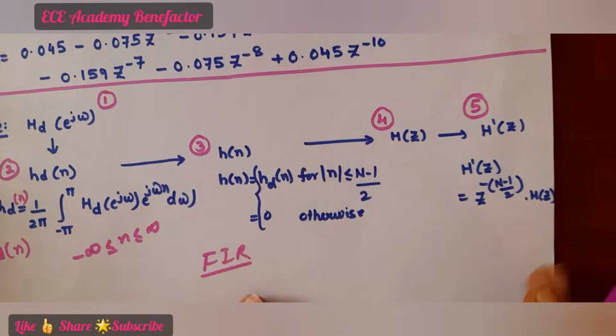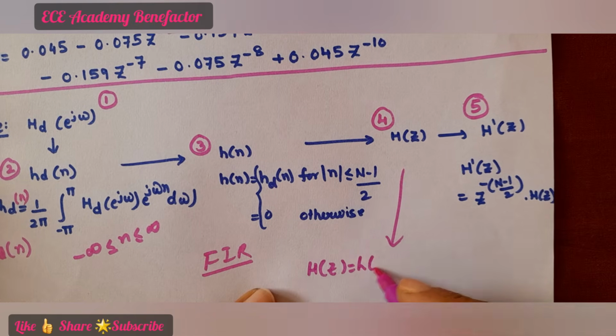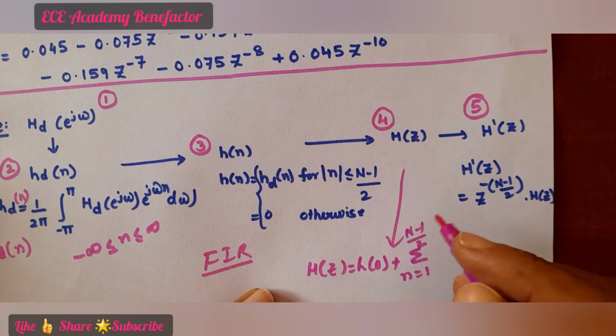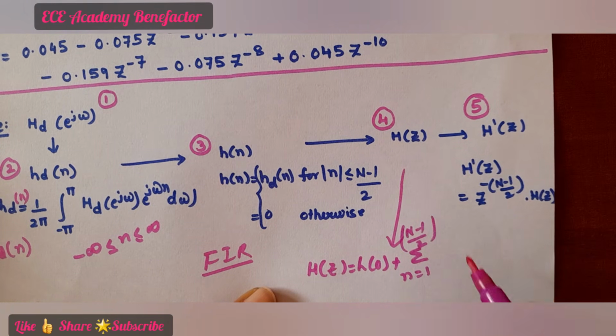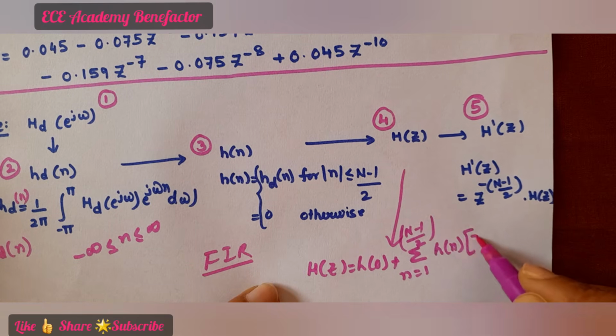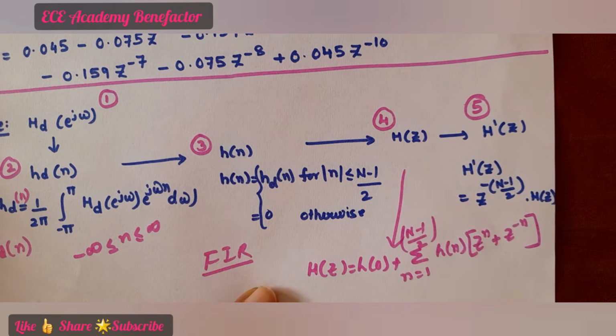And how are we computing this H(z)? H(z) is equal to h(0) plus the summation from n equal to 1 to (N minus 1) by 2 of h(n) times z to the power n plus z to the power minus n.